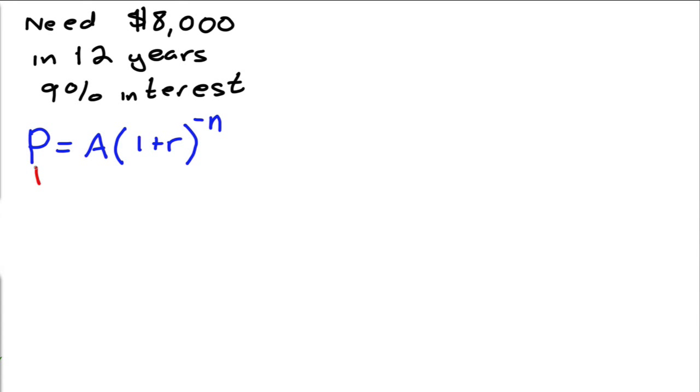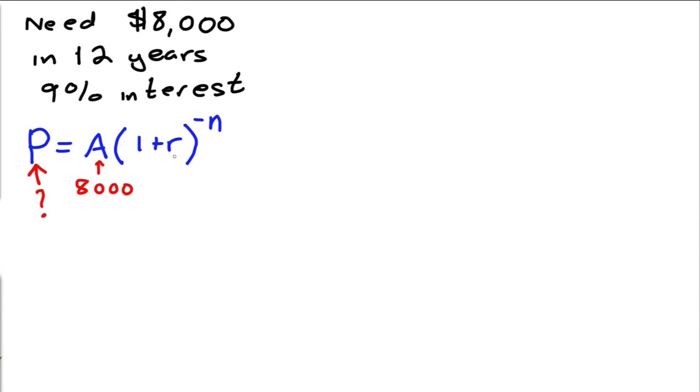P is the present value of the amount that we want to have after the end of the time period. So A is going to be $8,000 because that's the amount that we want to have. The present value is the unknown, so we don't know what that is.